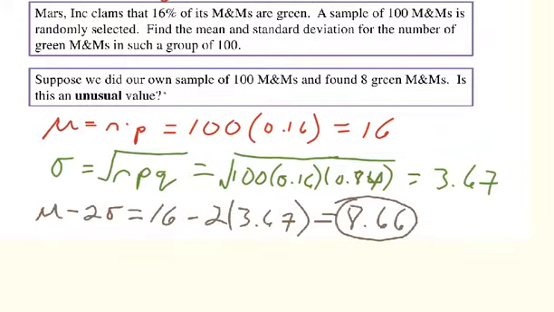So if 8.66 is the minimum usual value, that means we shouldn't get any fewer than 8.66 M&Ms if we're only considering usual values. So 8 would indeed be unusual. We would expect to get more than 8 if we were sampling 100 M&Ms.